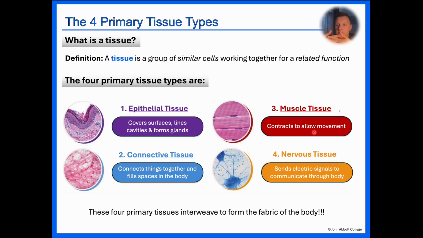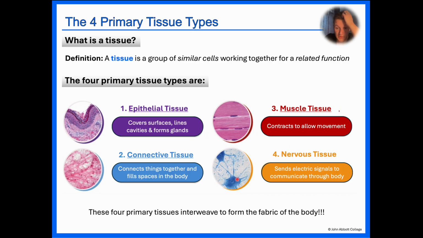So they allow the cell to get smaller and bigger. So you think of a muscle that's contracting and relaxing, it needs to be able to have this range of motion, right? You don't see that in epithelial tissue. So, that's why I'm saying there's similar cells and a related function. These are really lining and covering and protective, right? These muscle tissues are contractile and they're very useful for muscles, right?